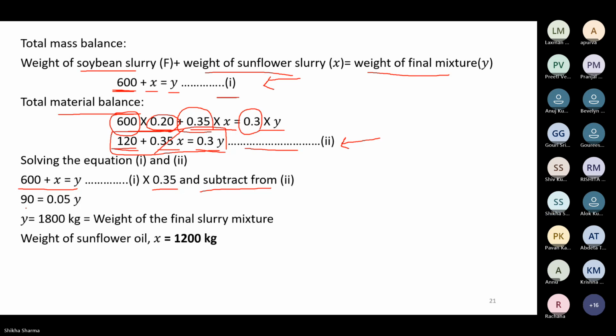So it will be like 600 into 0.35. This equation 1 will look like this, plus 0.35x equals to 0.35y.